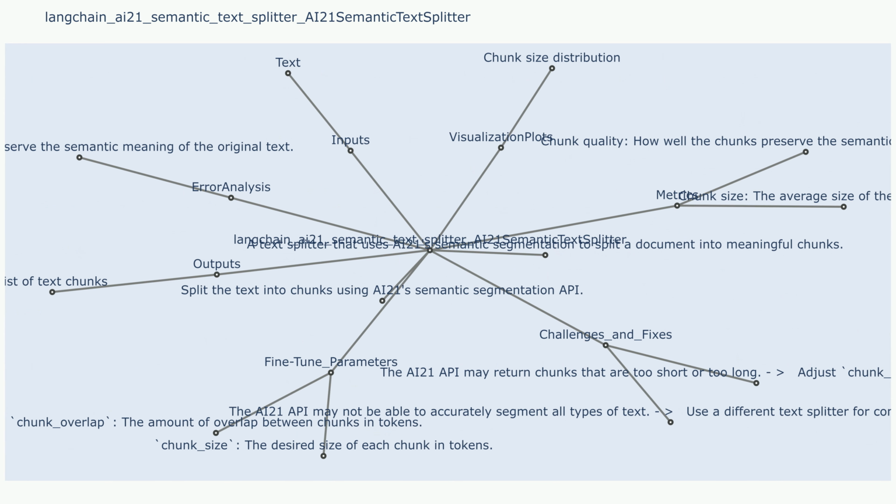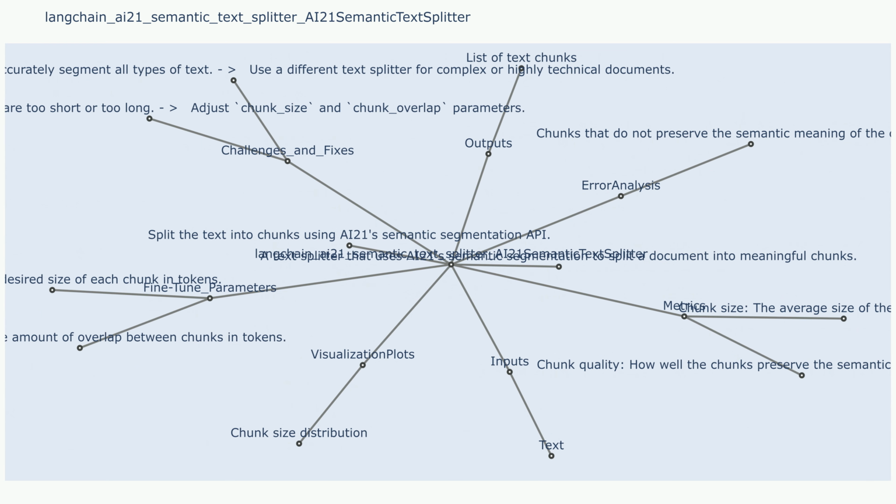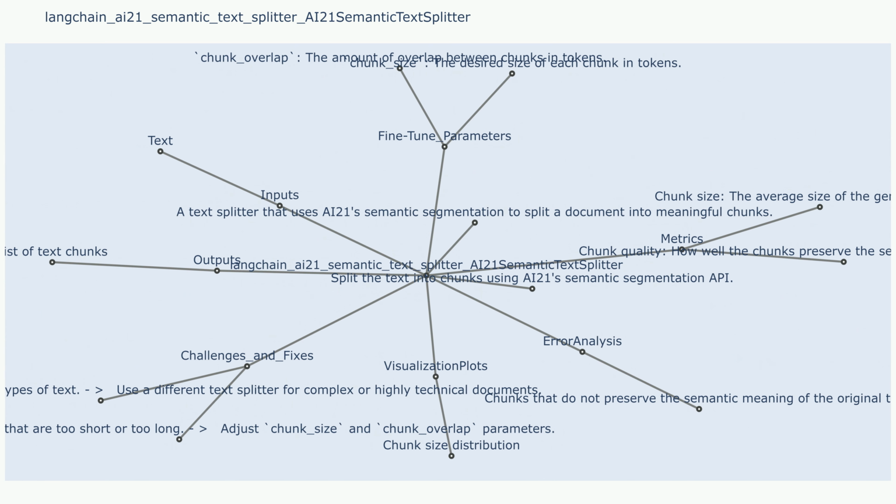Metrics like standard deviation of chunk sizes can help assess this consistency. Visualization plots: chunk size distribution: a histogram showing the distribution of chunk sizes can provide insights into the splitter's performance and the consistency of the generated chunks.